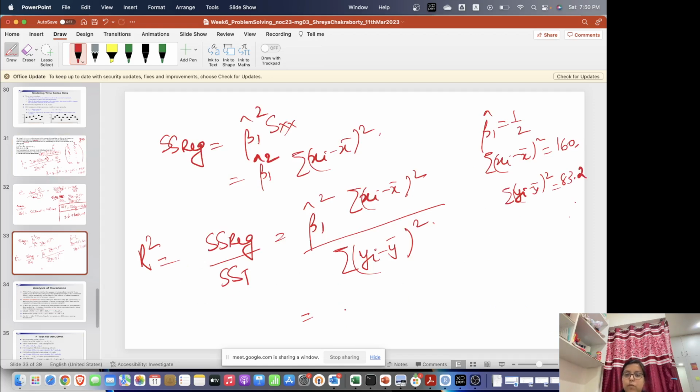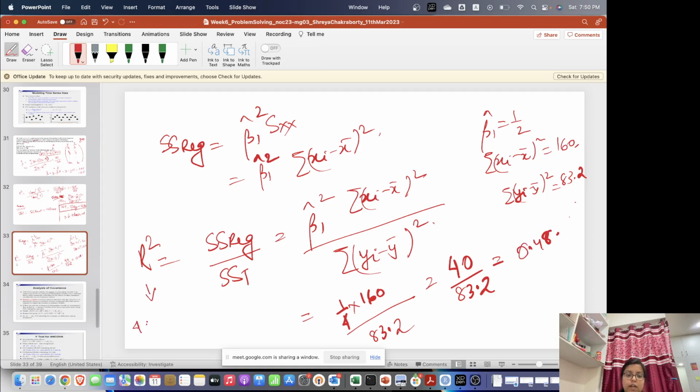So R square would be 1 by 4 into 160 divided by 83.2, that is 40 by 83.2, which will be 0.48.